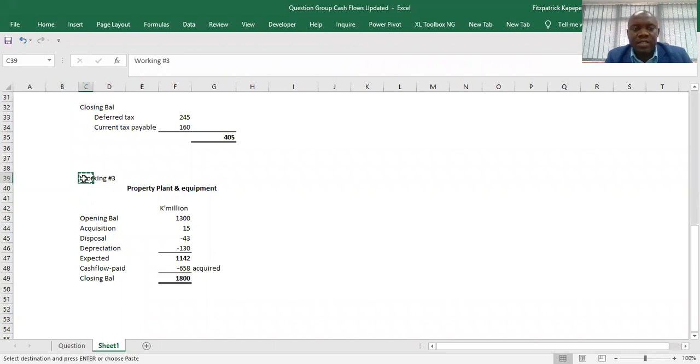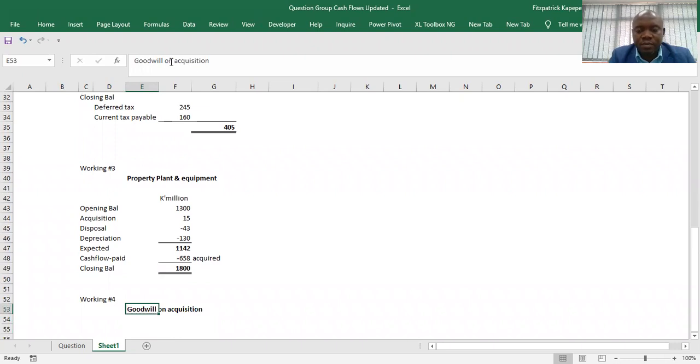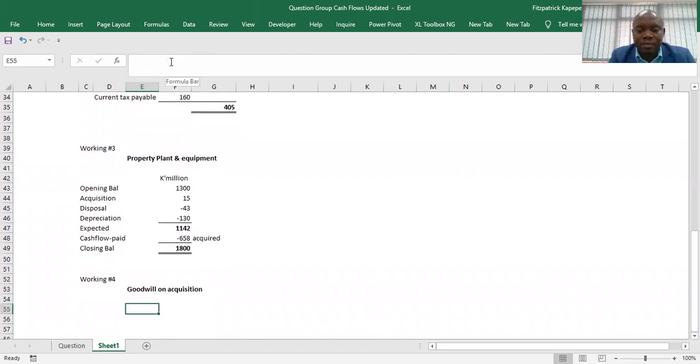So we go to working 4, which would be on goodwill on acquisition. What was the fair value consideration?